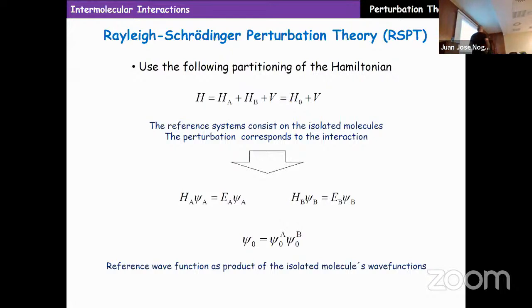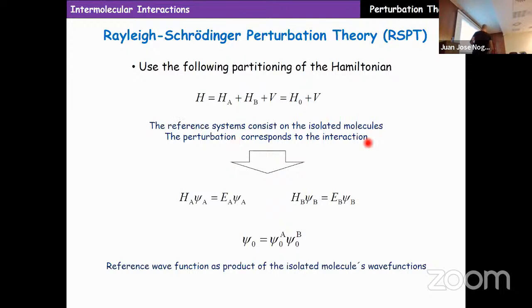Perturbation theory is very nice up to second order. For higher orders, it sometimes becomes a mess. It's much more complicated, and the application is much more expensive. So I will focus on second order perturbation.